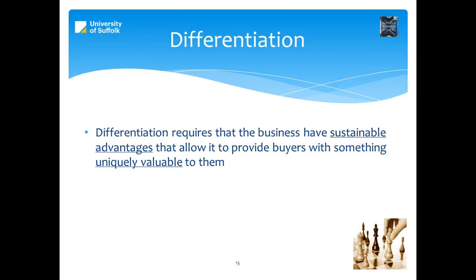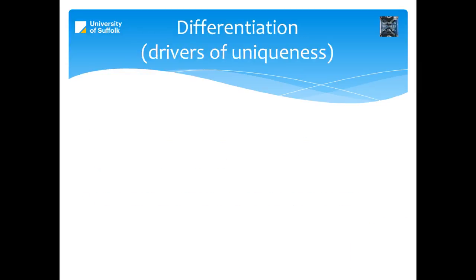And of course by doing this, it's rewarded for this uniqueness by being able to charge a premium price. Differentiation arises from one or more activities in the value chain that creates a unique value which is really important to buyers.